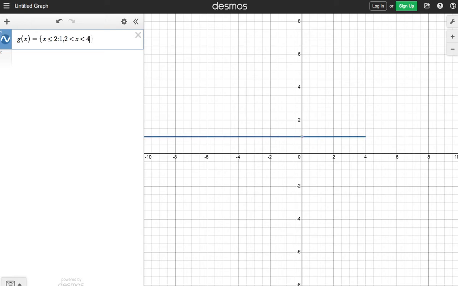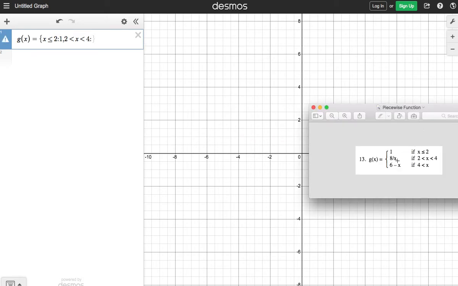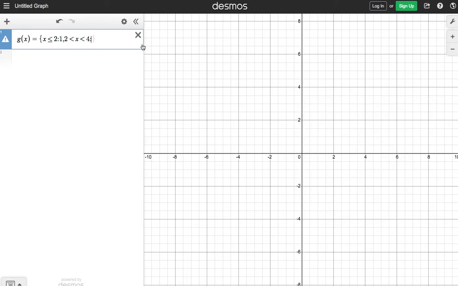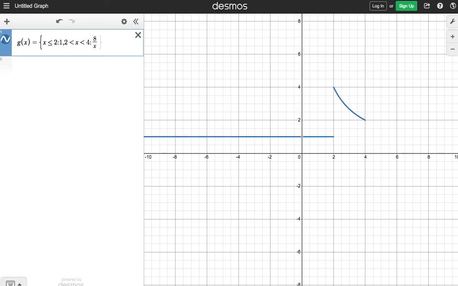So that's my condition. I'll put a colon to indicate that I'm going to now define my function. The function that we want is 8 over x. So going back over here, I'll do 8 divided by symbol x. It actually automatically gives me a fraction. Then you can click over, and that defines the next part.